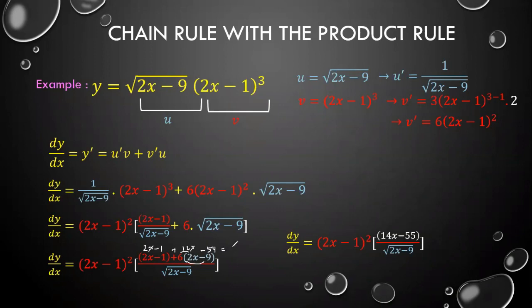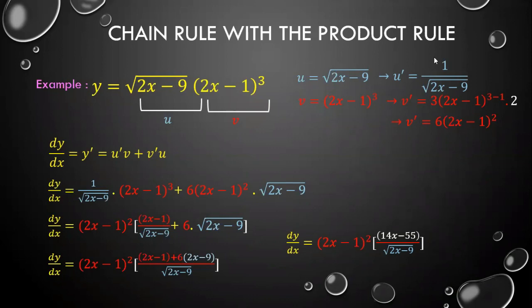So that's why we got 14x minus 55. Right? Okay, now everything's done. So the differentiation of y equals root of 2x minus 9 times 2x minus 1 cubed is 2x minus 1 squared in parentheses, 14x minus 55 over root of 2x minus 9.